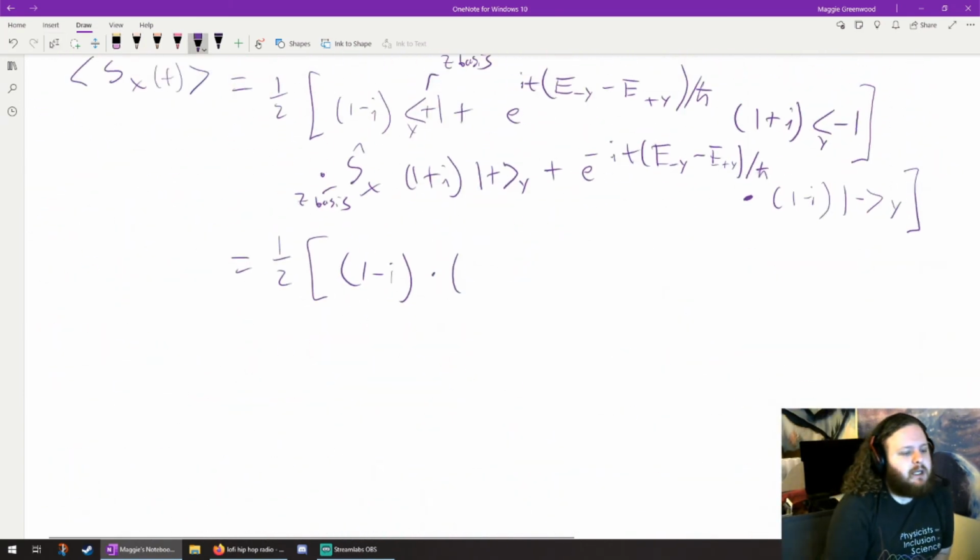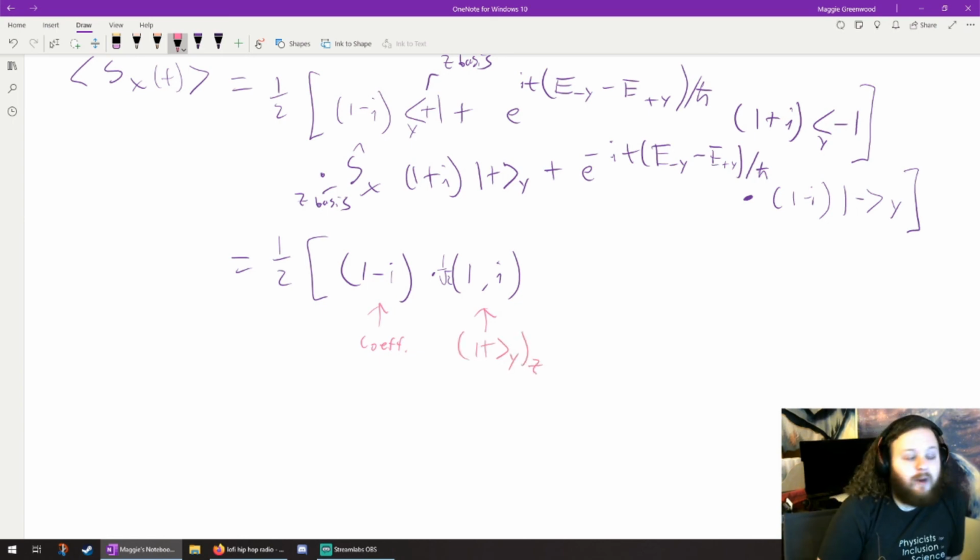So this thing is 1 over root 2, plus i minus. That's the vector. So just to be clear, this is a number sitting out front. This is a coefficient to a state. So this is a coefficient. This is the plus y written in the z basis. Just want to be clear about what I've written here.